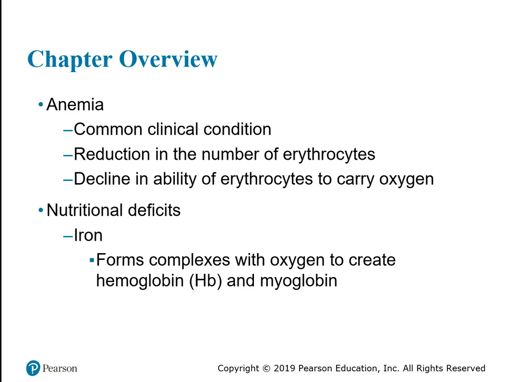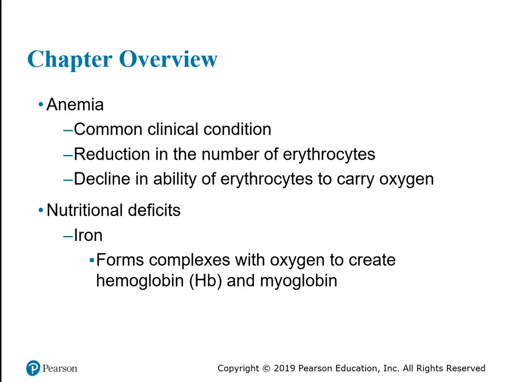If you talk about anemia caused by a nutritional deficit, particularly a deficit in iron, you need iron to form complexes with oxygen in hemoglobin and myoglobin. It's necessary because this heme group, this iron group, is part of the hemoglobin and the myoglobin.